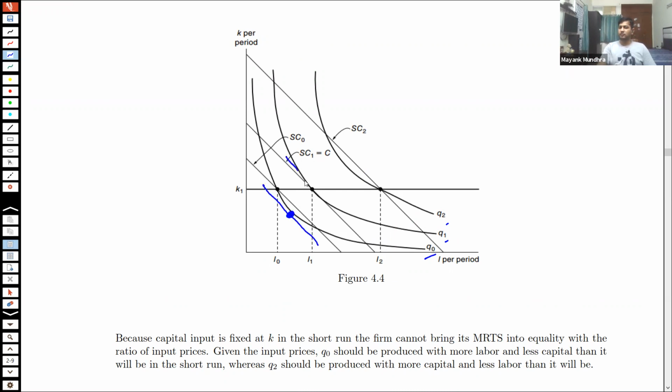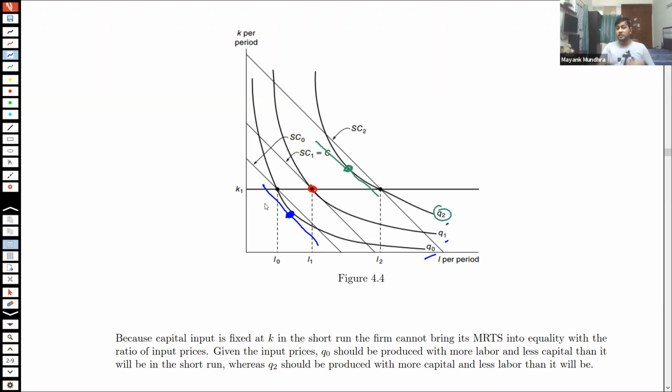For Q0 it's this one, for Q1 it's going to be this one, and for Q2 it's going to be this one. So these are the different ideal points for Q0, Q1, and Q2. Let me write this in different colors, which would be easier on the eye. So this is for Q0, Q1, and this is for Q2, right?